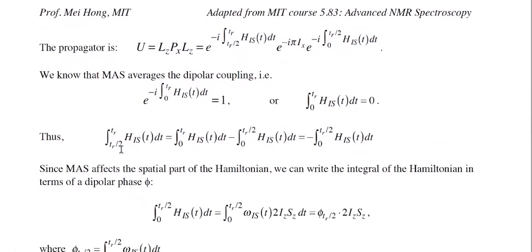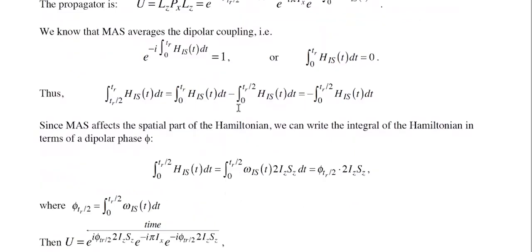Because these are just integrals, and I haven't changed the integrand, all I'm worried about is the integration limits. Something that integrates from half rotor period to TR is the difference between 0 to TR minus 0 to the first half. The 0 to TR, the whole rotor period, is 0. We just said that. So this comes out to be minus the first half of the dipolar evolution. So the second half of the dipolar evolution, the phase that's accumulated, is the opposite sign version of the first half.